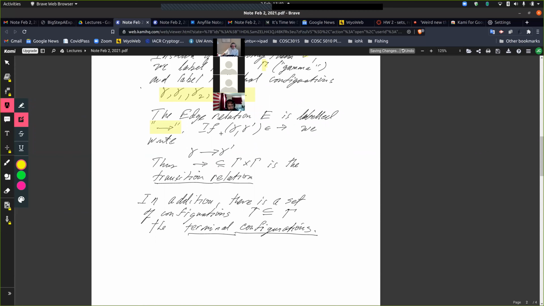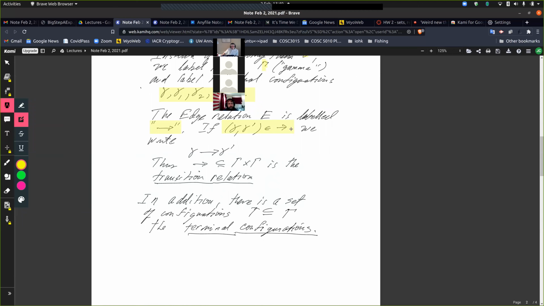Mathematically, this little bit of text makes perfect sense. It says that gamma comma gamma prime is in arrow. And you might go, what? Well, it's in arrow when you think of arrow as a binary relation on configurations, where the first element is a configuration and the second element is a configuration.